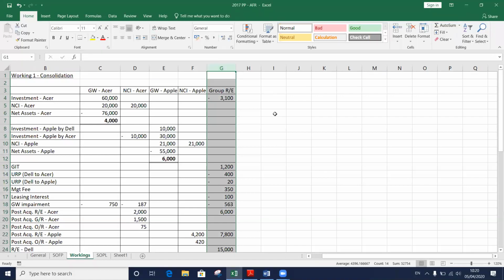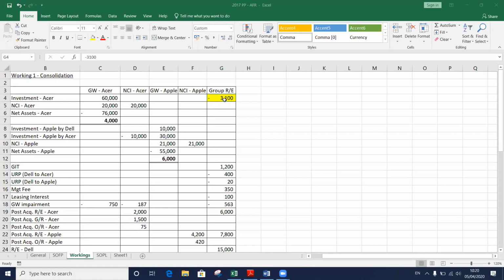Okay. First one, this amount minus 3,100. It reduces group retained earnings. Does that make our profit decrease or increase? Our profit needs to be reduced, right?